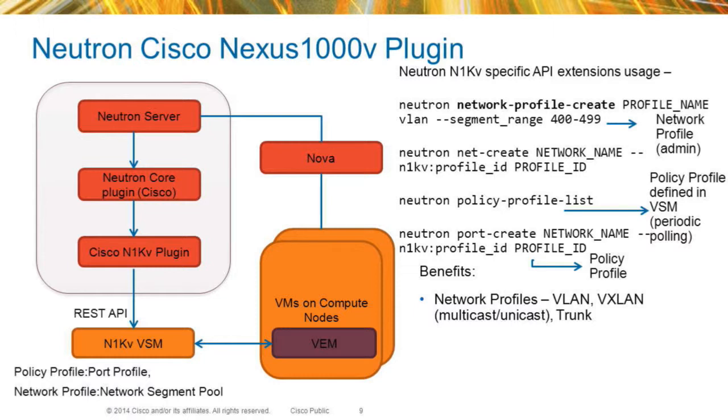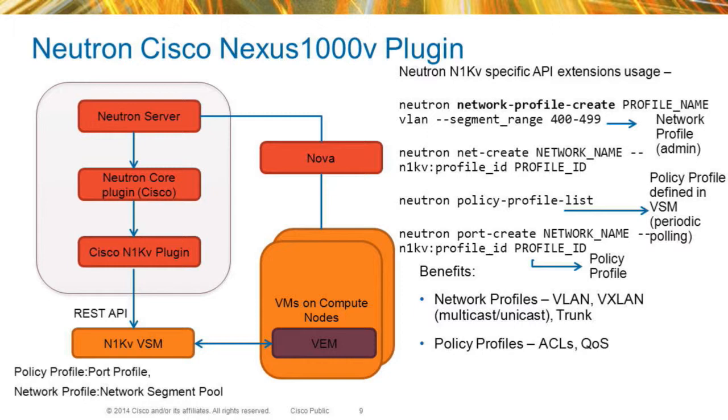So an admin can define these profiles, and your network tenants can make use of these profiles to configure the networks. Of course, when using VXLAN, you can make use of the VSM feature of making it work in the unicast mode versus the multicast mode without any actual features being implemented within Neutron. So that comes as an additional benefit of using the N1KV as a plugin.